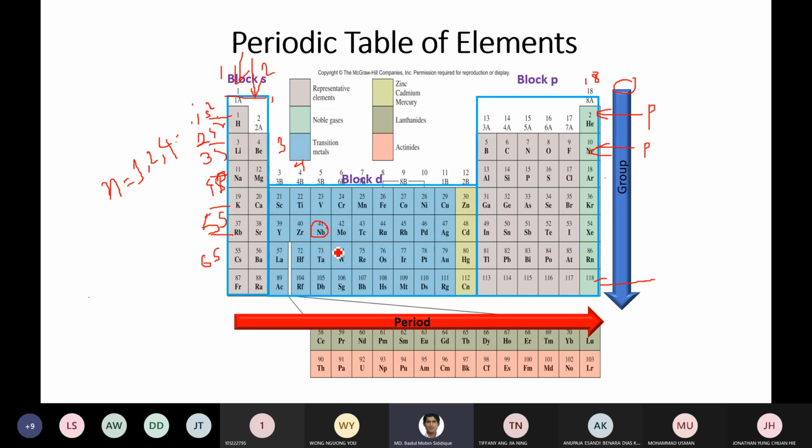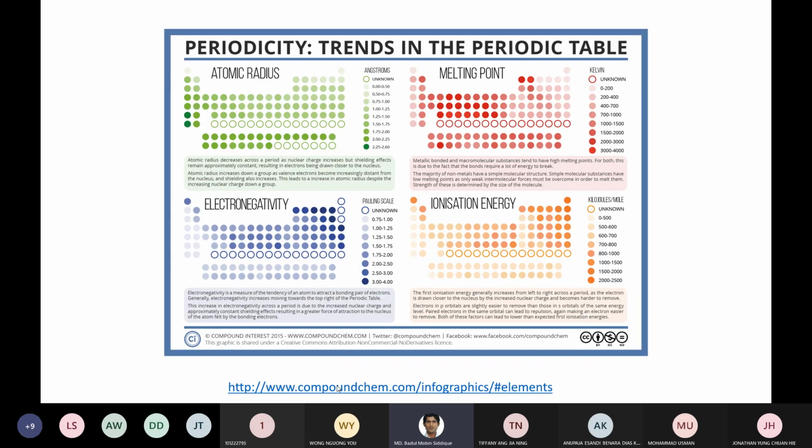What information can we get from here? The atomic radius, melting point, electronegativity, and ionization energy.